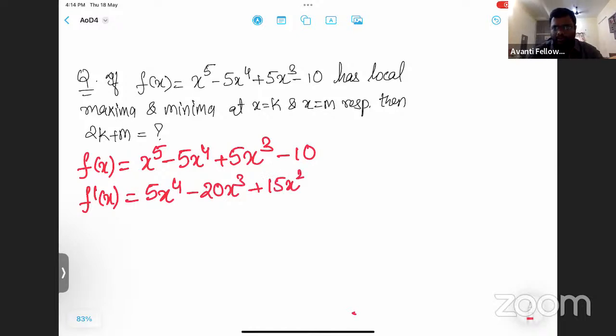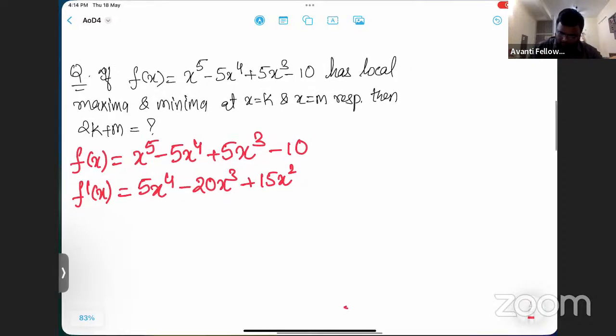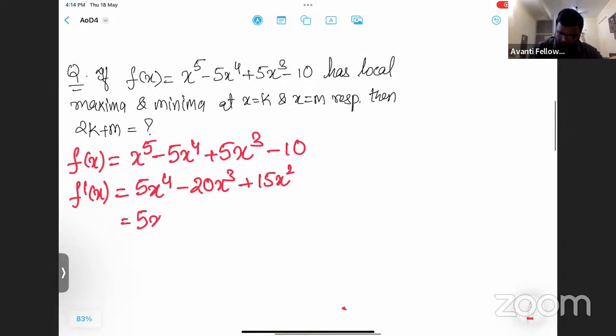Now take 5x square common. What we are left with is x square minus 4x plus 3. So this is our f dash.